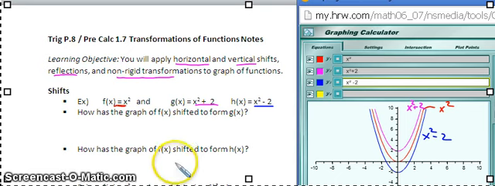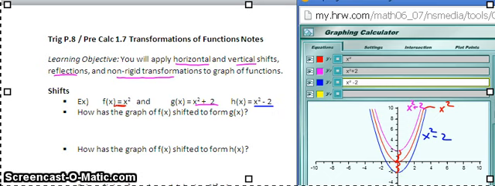Okay, so once you've done that, what has happened as we moved from our parent function to basically our parent function plus 2 and our parent function minus 2? Well, notice that all that's happened is our intercept has either gone up 2 or it's gone down 2.